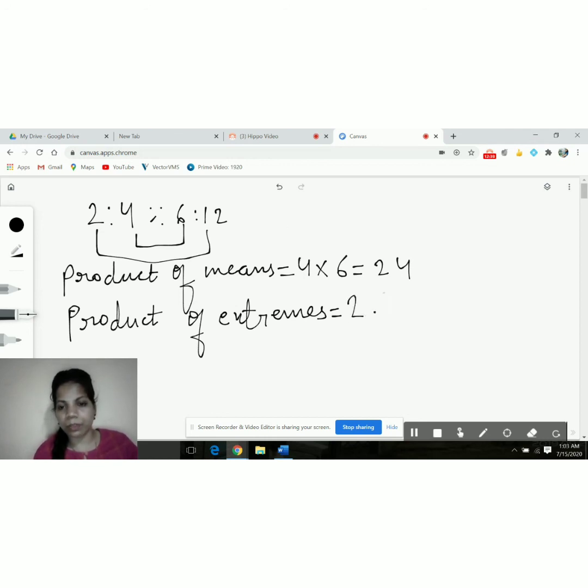So 2 into 12. 12 twos are 24. Now you can clearly see that here product of means is equal to product of extremes. Then we can say that 2 is to 4 is proportion to 6 is to 12. Okay, in this way we can check.